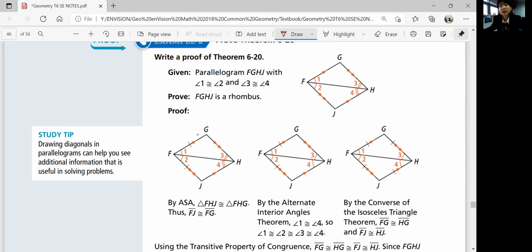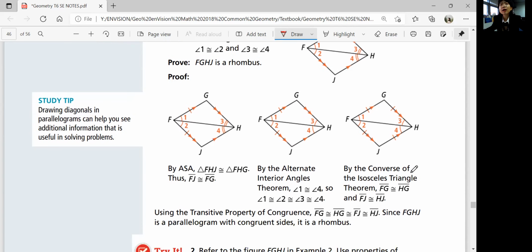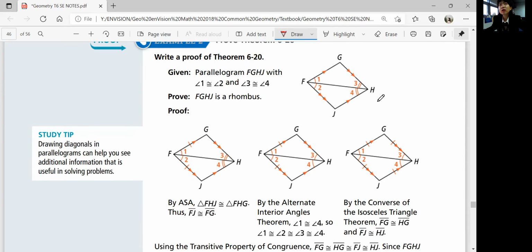So using the transitive property of congruence, all sides are congruent. And since FGHJ is a parallelogram with congruent sides, it's a rhombus. All right, now we've proved it. So if we're given any diagonal that bisects the angles at the vertices, then we know it's a rhombus.